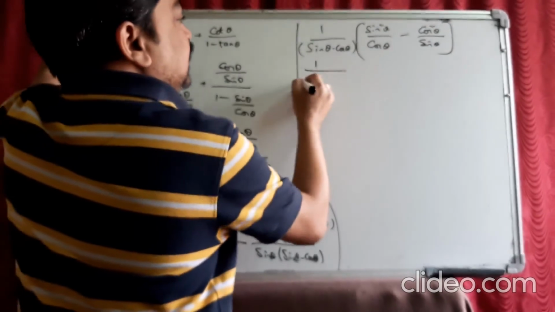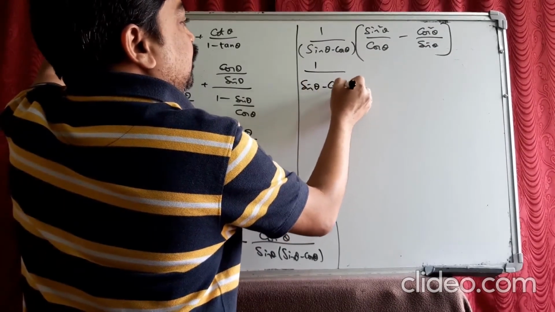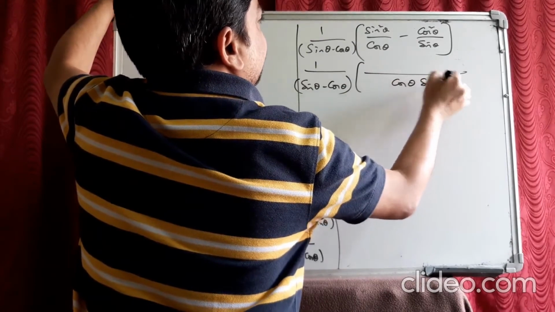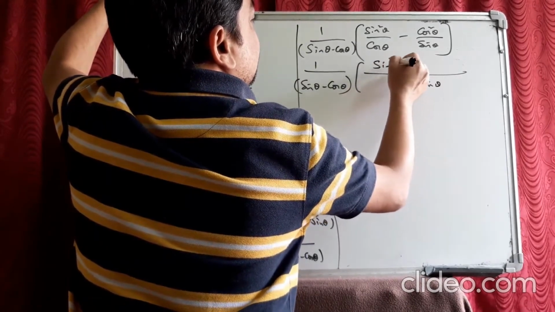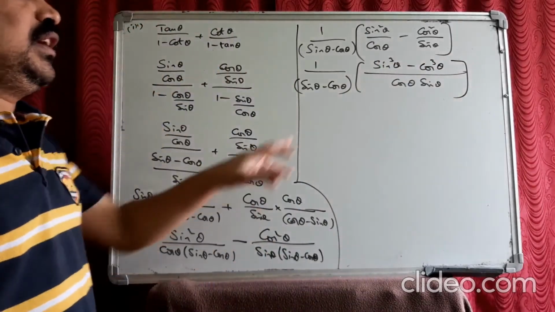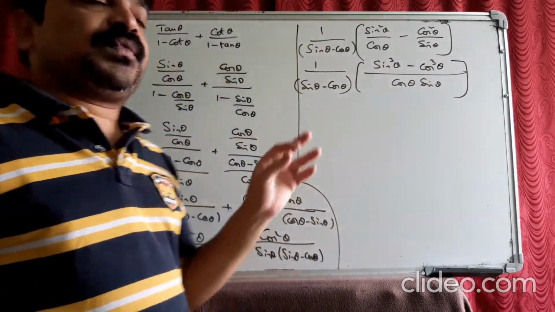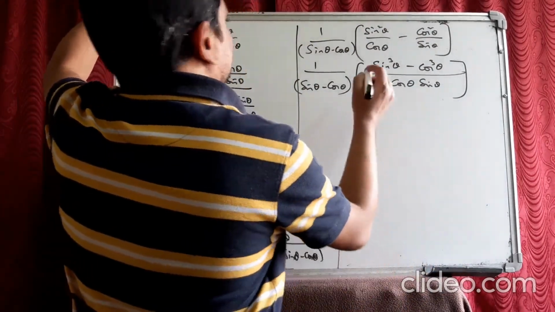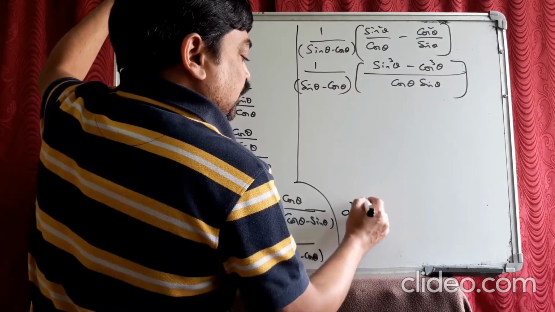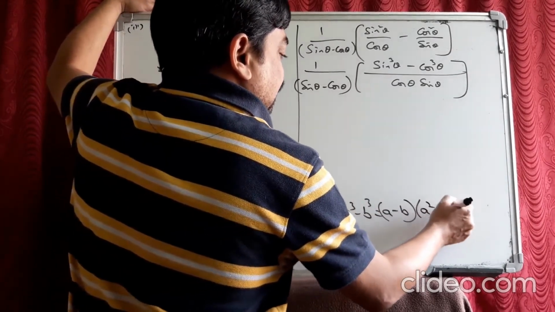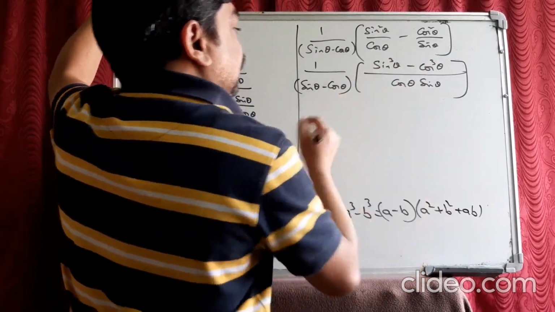Now if I take the LCM in the bracket, cos theta sin theta, it becomes sin cube theta minus cos cube theta. Now here it looks like a cube minus b cube. We apply the formula, I write here, a cube minus b cube, you can take it as (a minus b) into (a square plus b square plus ab). That's what I apply here.